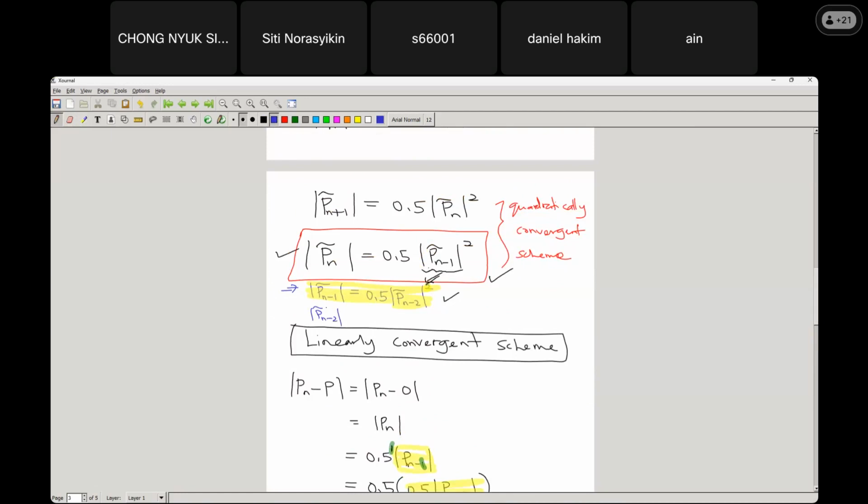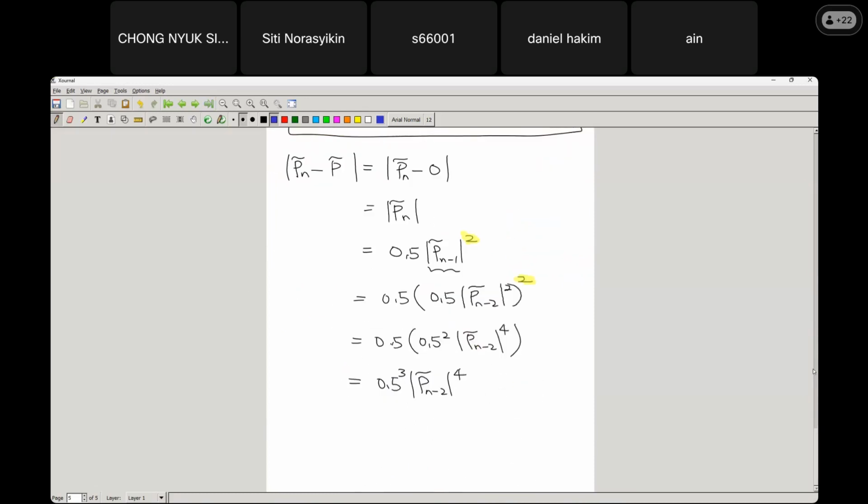This is equivalent to 0.5 Pn minus 3 tilde square. Okay, so what you're gonna do, I'm going to substitute this Pn minus 2 tilde, which is equal to 0.5 Pn minus 3 tilde square. I'm gonna substitute this term into here. Okay, I'm gonna substitute this one.